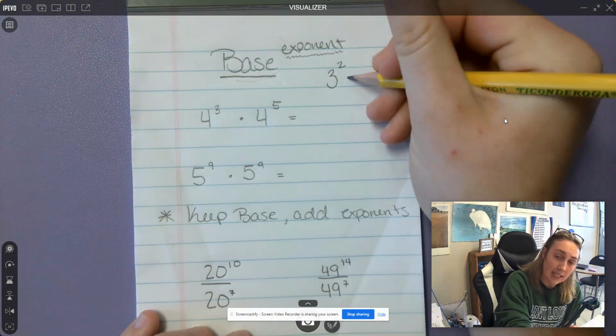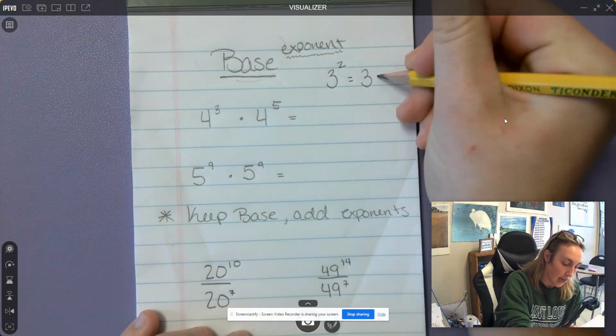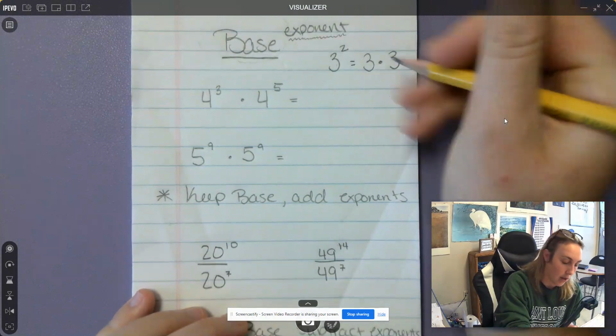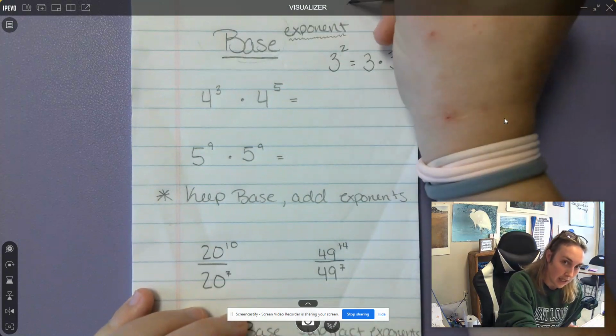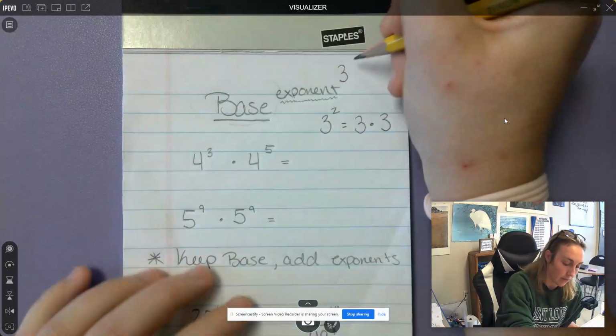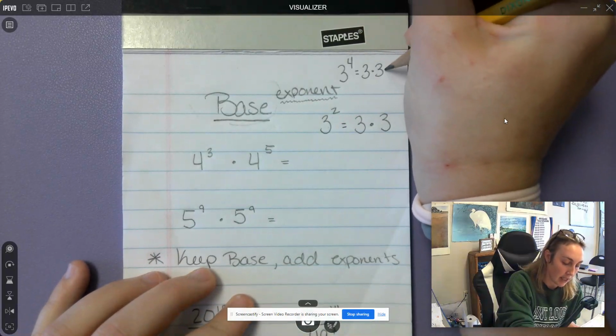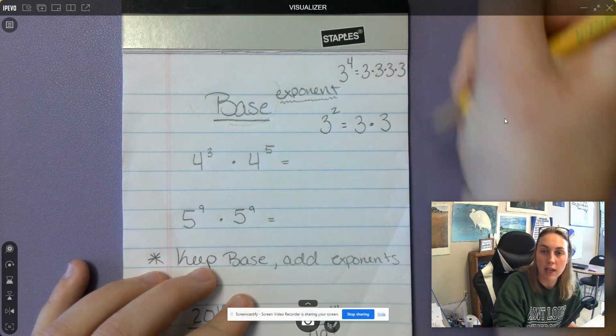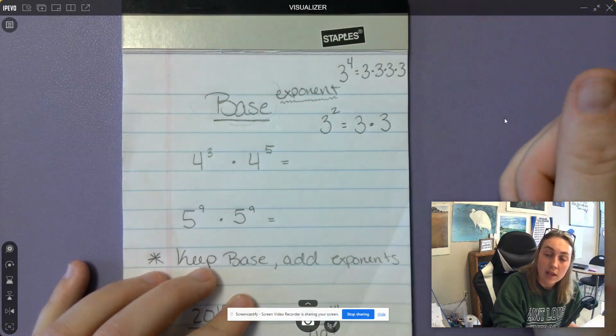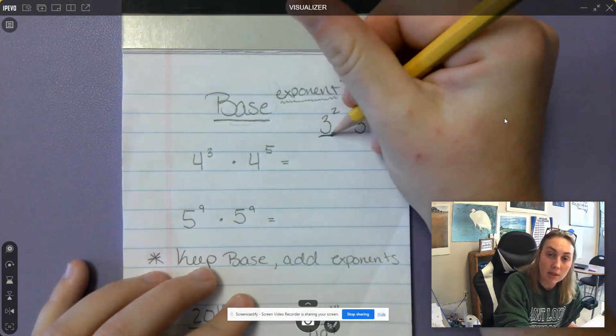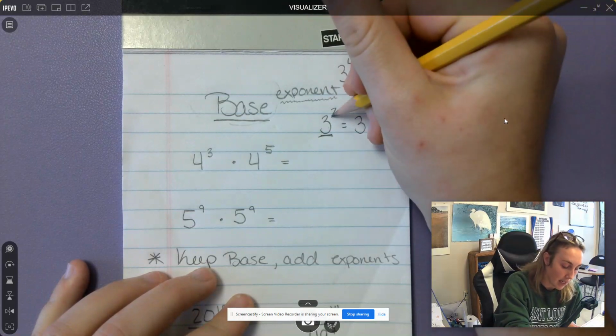Instead, it's equal to 3 times 3. 3 to the fourth power would be equal to 3 times 3 times 3 times 3. So just make sure that you understand that. The base is the big number, and the exponent is the little number.